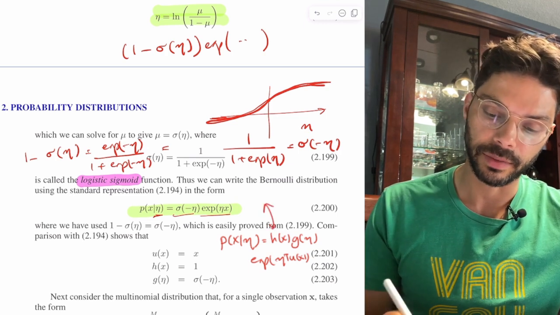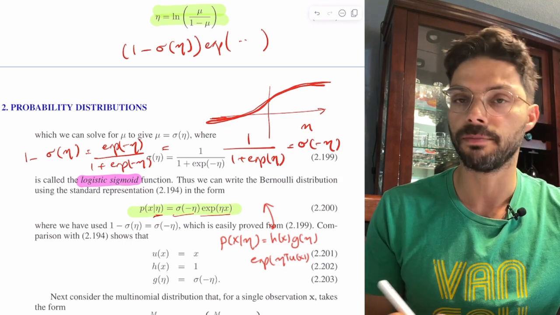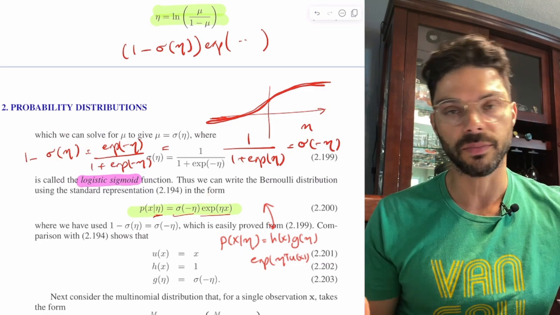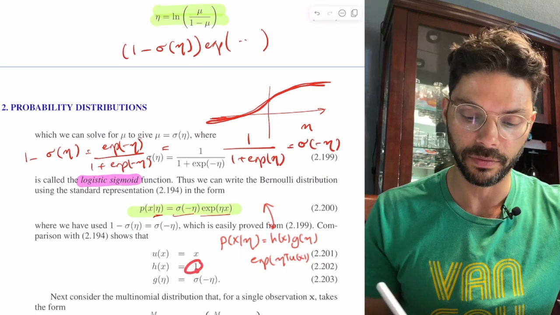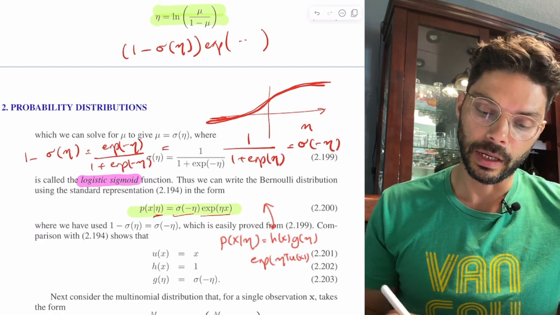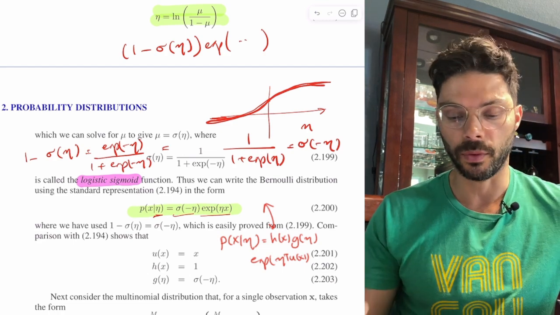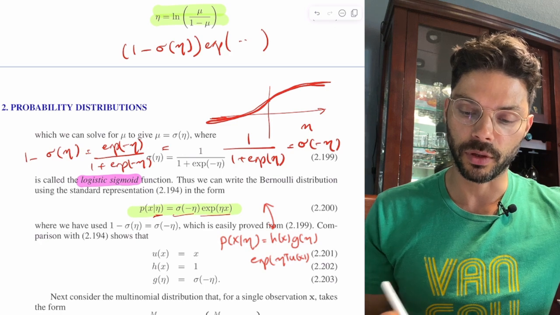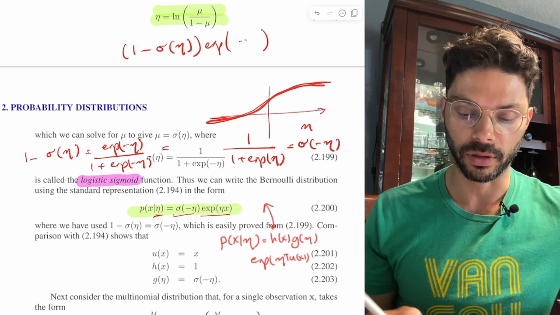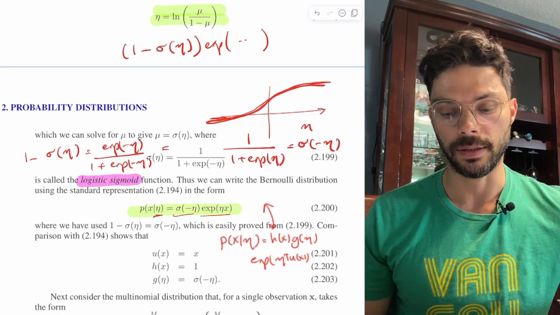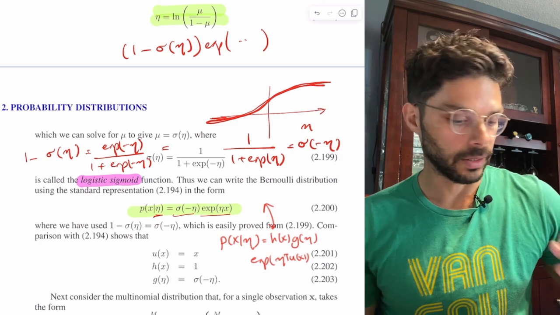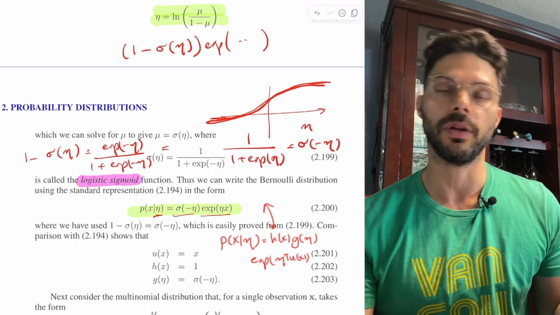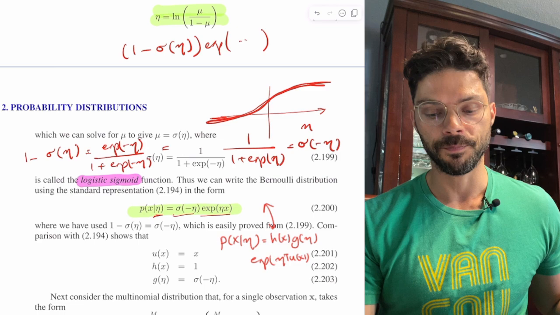We find that h of x is 1. There is no function just of x, there's just a 1. U of x: x is showing up by itself without any functions wrapping it, so u of x is just x. And g of eta, which is a function of just eta, is sigma of minus eta. So that's some simple calculations showing that the Bernoulli distribution describing a coin toss is actually in this family.